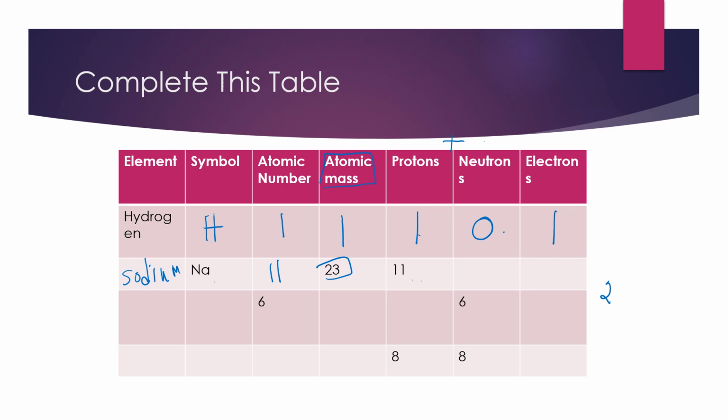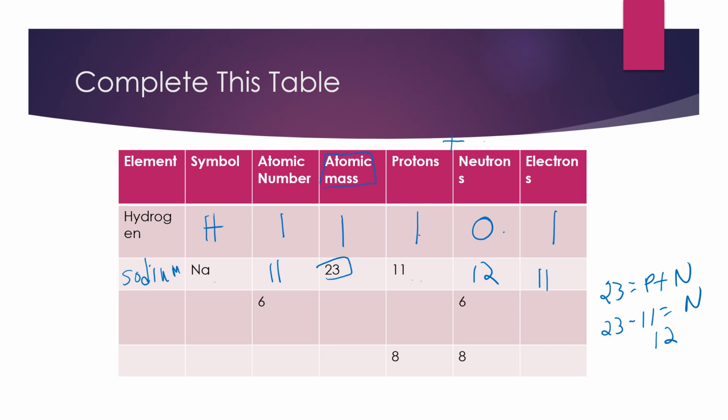So if 23 equals protons plus neutrons, and it has 11 protons, it would be 23 minus 11 equals the number of neutrons, so it would be 12. And then electrons are always the same as the protons, so that's going to be 11.